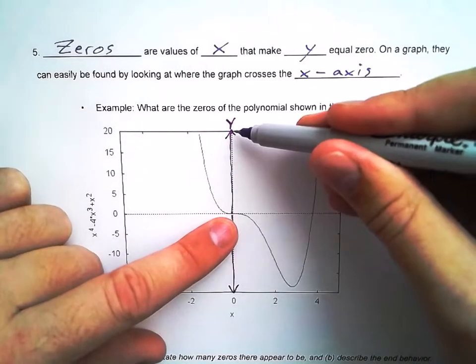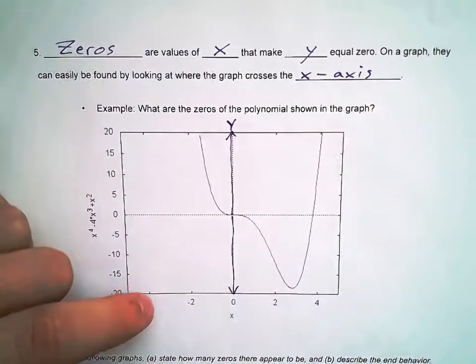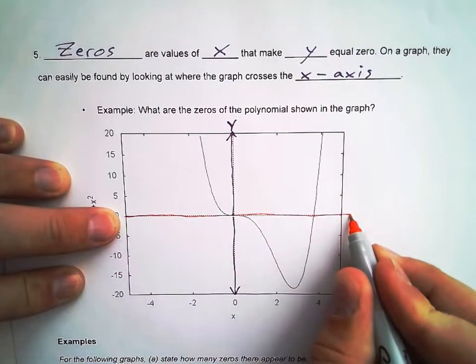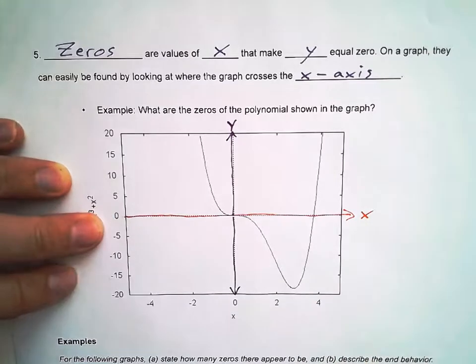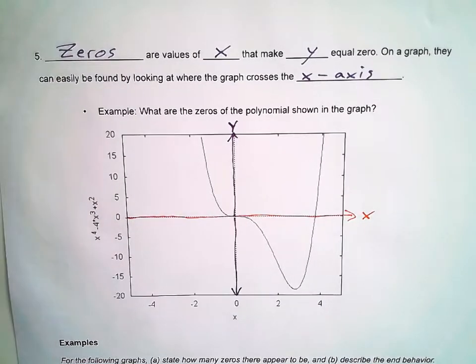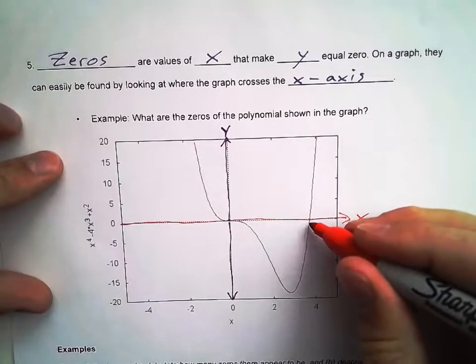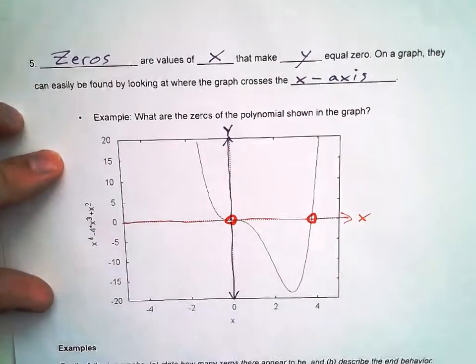Y is positive up here, it's negative down here, and y equals 0 when you're on the x-axis. So on this example right here, the zeros would be right there and right there.